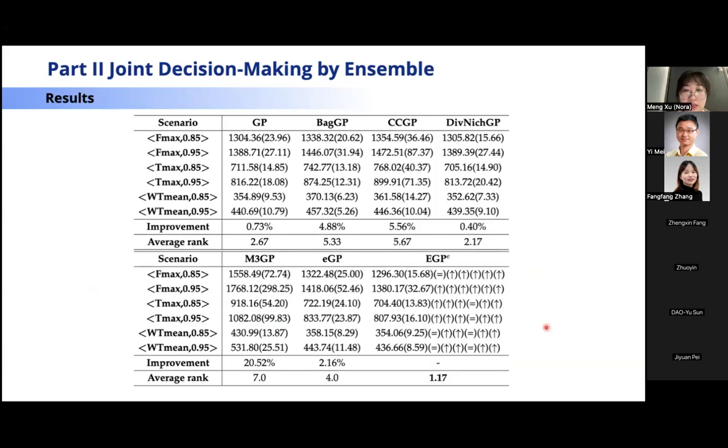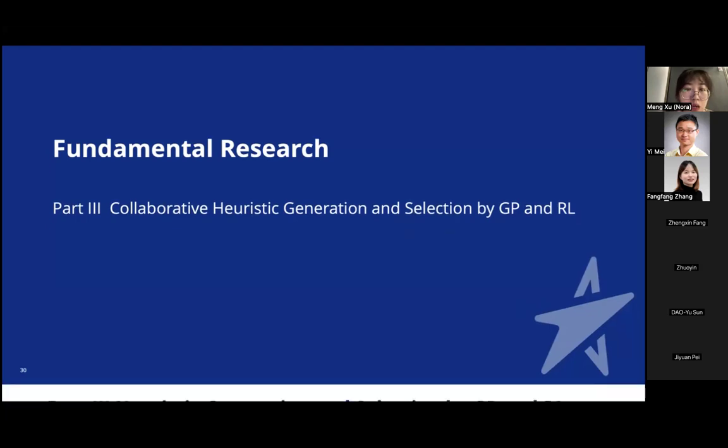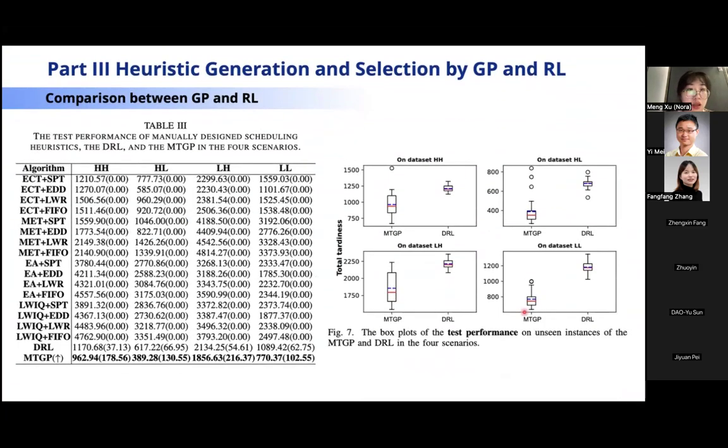And the third part is about collaborative heuristic generation and selection by genetic programming and reinforcement learning. Before talking about the proposed methods, we first conduct a systematic comparison between genetic programming and reinforcement learning. We select a recently published genetic programming method and a recently published reinforcement learning method.